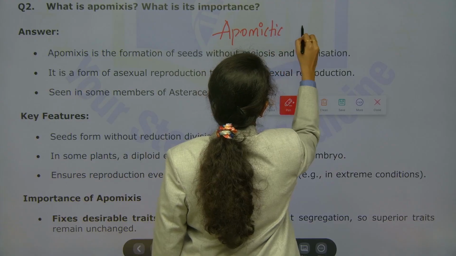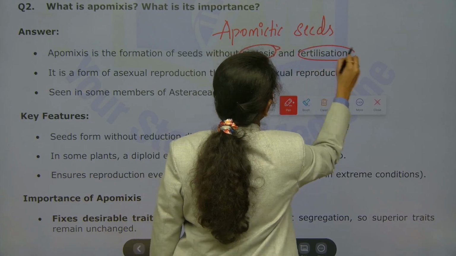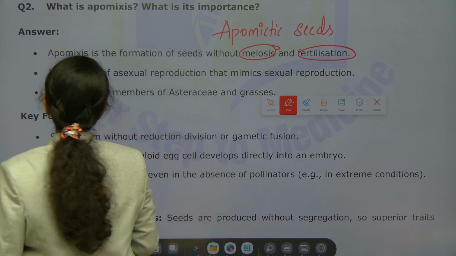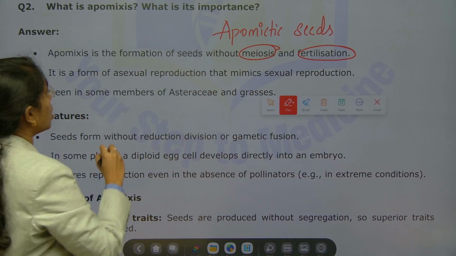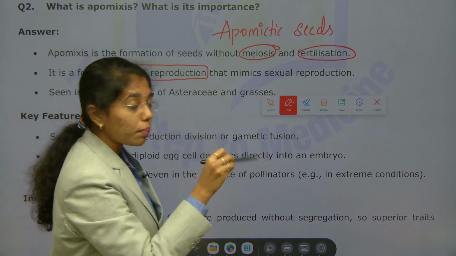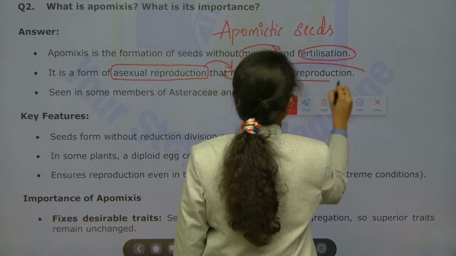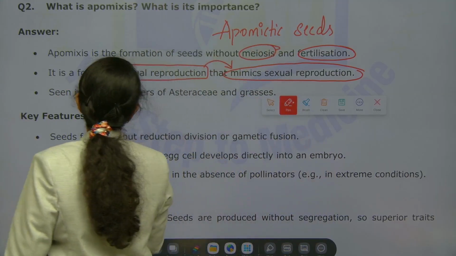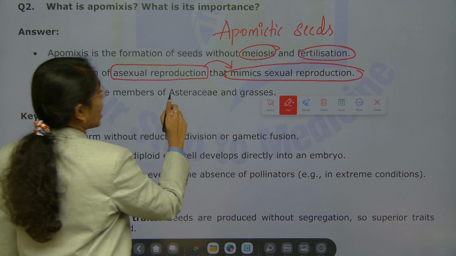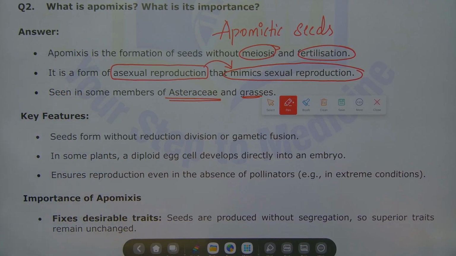It is a form of asexual reproduction which mimics sexual reproduction. This is seen in some members of Asteraceae and grasses.